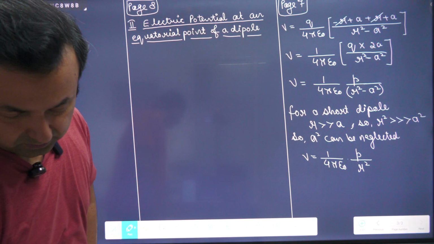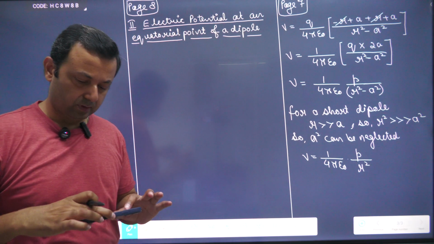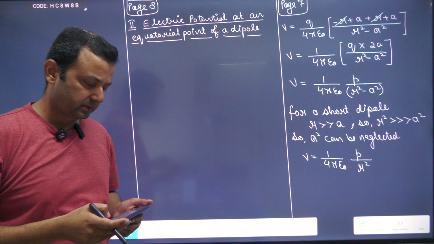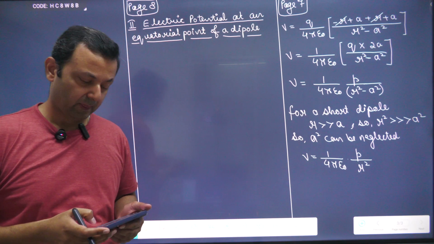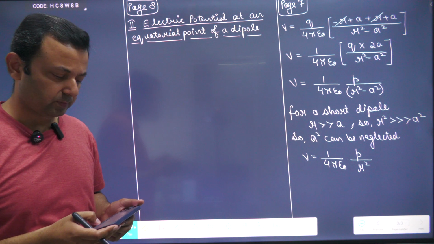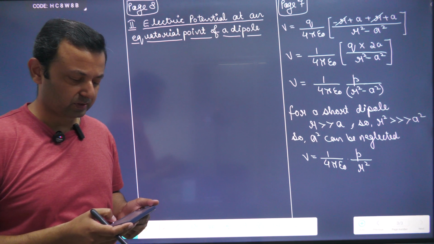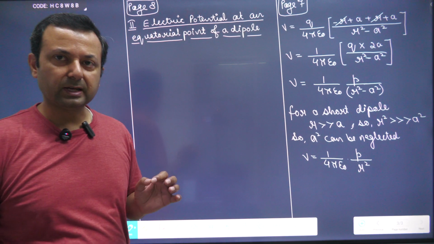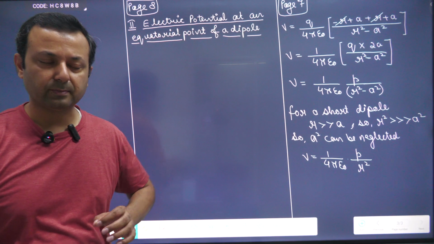Now, consider an electric dipole consisting of charges minus q and plus q separated by distance 2a. Let capital P be a point on the perpendicular bisector of the dipole at distance small r from its center O. An equatorial point always lies on the perpendicular bisector of the dipole.